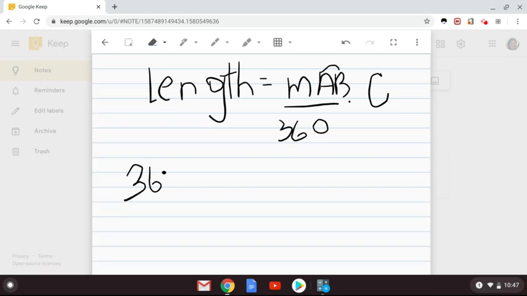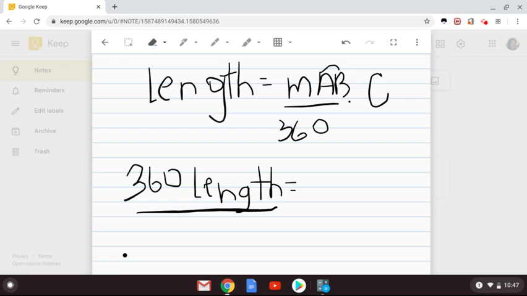This equals the circumference, and everything else I filled in here. This is a multiplication. Okay.